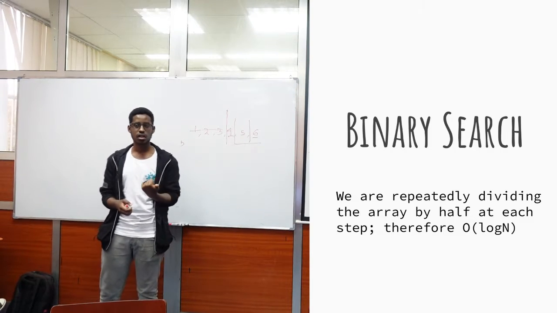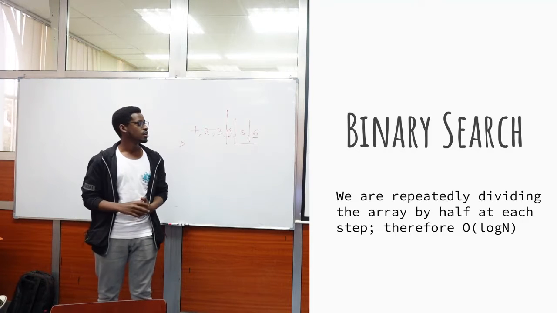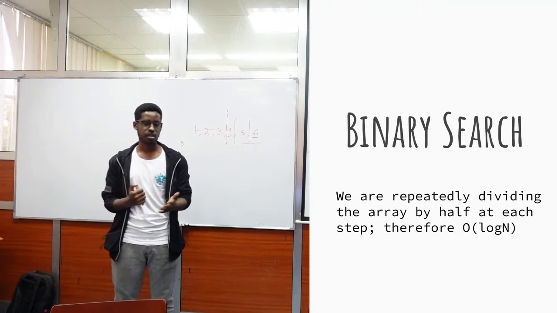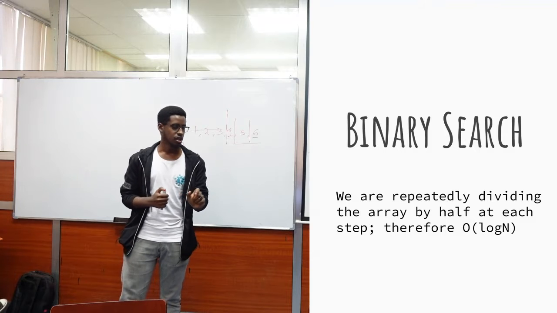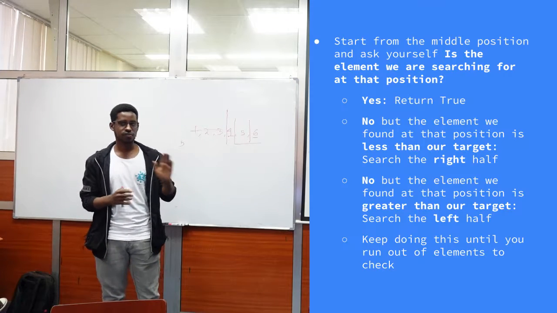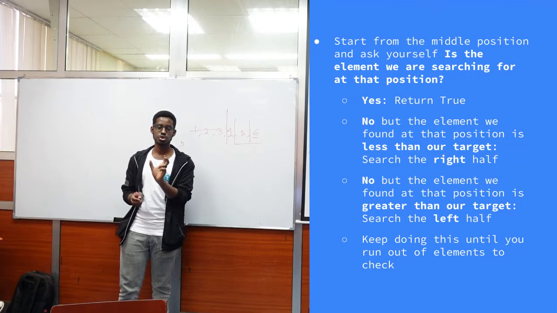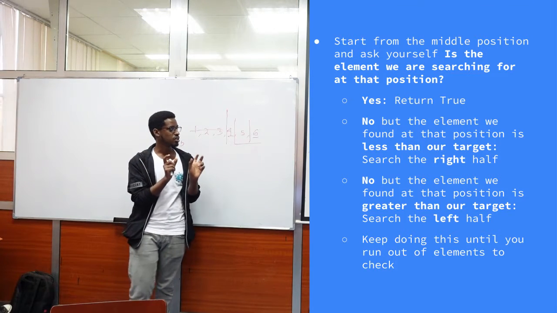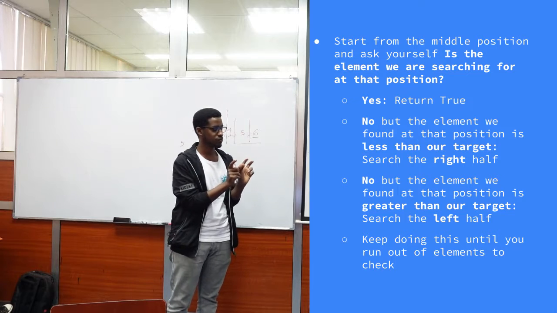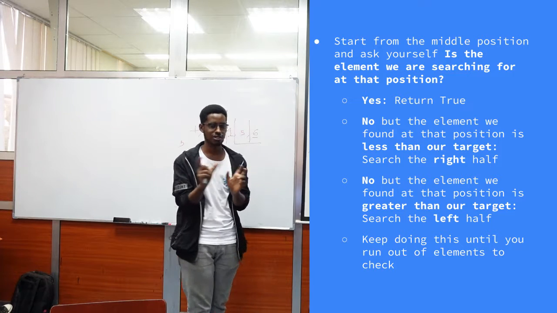So given a sorted array of n elements, you're supposed to find an element that you're given, and every single time you check the middle element. When you find the middle element, you check if it directly matches the element we are searching for, which is the target. So I'll use target instead.